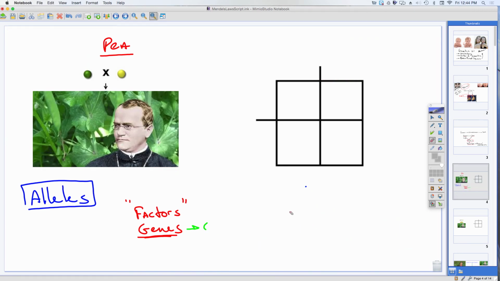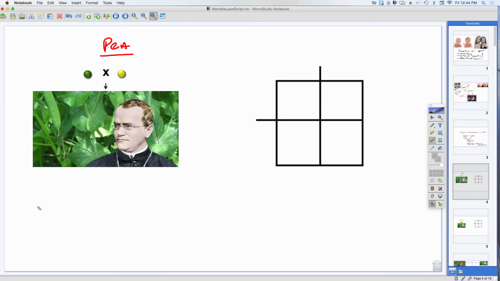So let's look at Mendel's first and simplest experiment. Mendel actually describes in his research the trait for flower color. I'm going to use pea color here. And what Mendel did was he grew green pea producing plants and yellow pea producing plants.